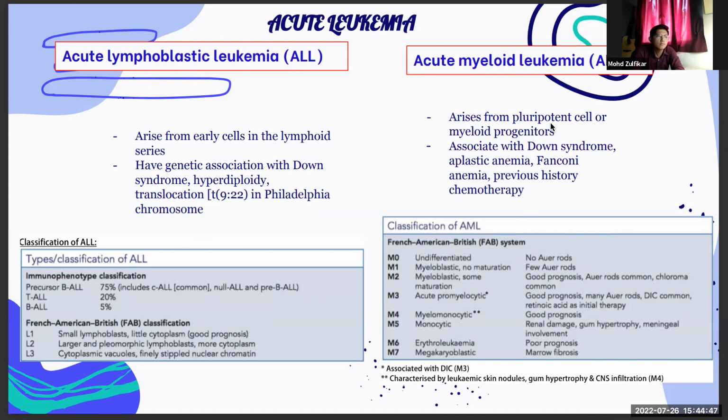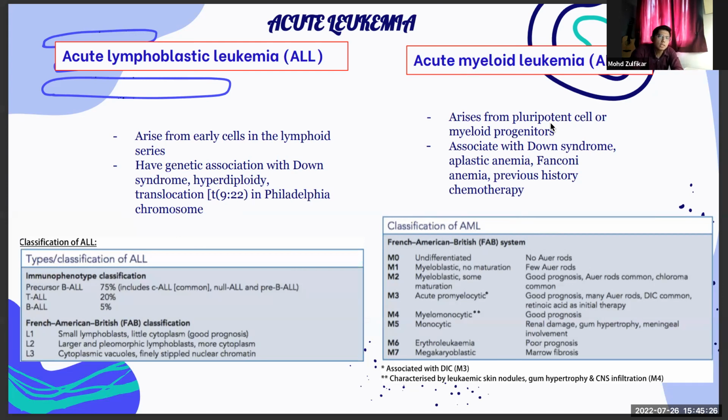Since it is a lymphocyte, it will be positive for CD10, CD19, and CD20. However, if it is associated with the Philadelphia chromosome, it will carry a bad prognosis. Other than that, there is also T cell acute lymphoblastic leukemia and B cell acute lymphoblastic leukemia.